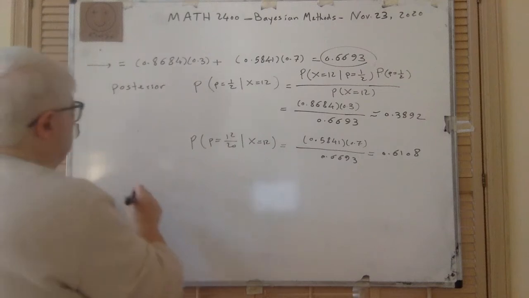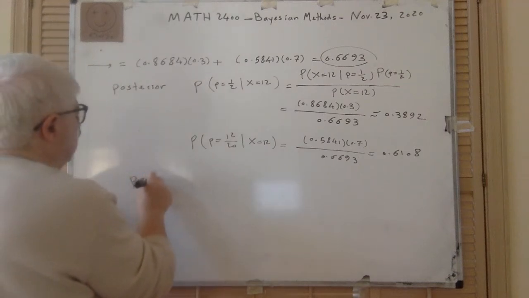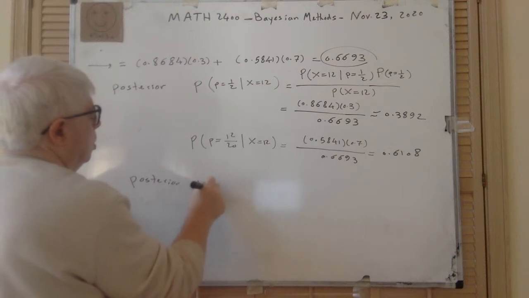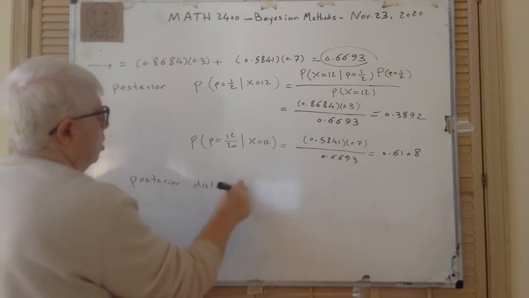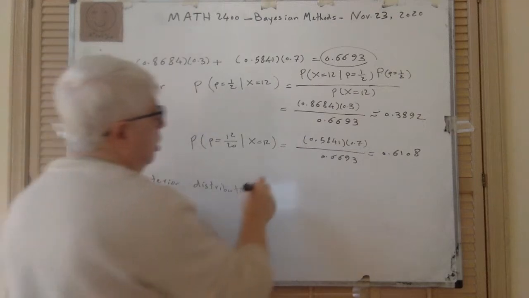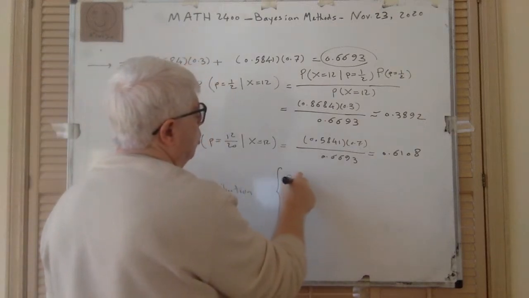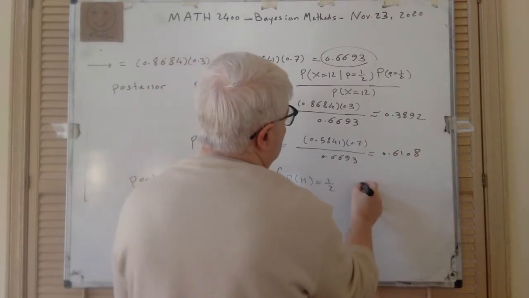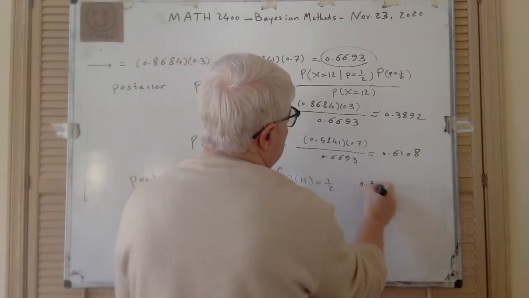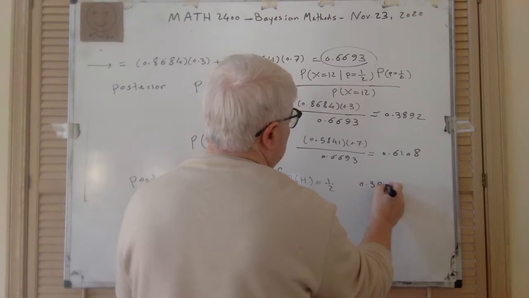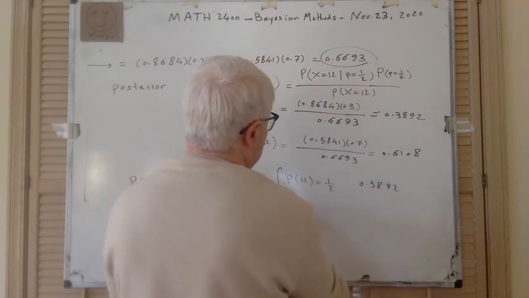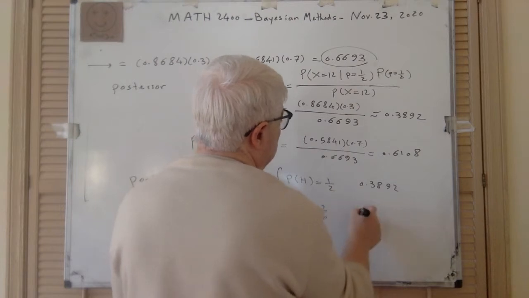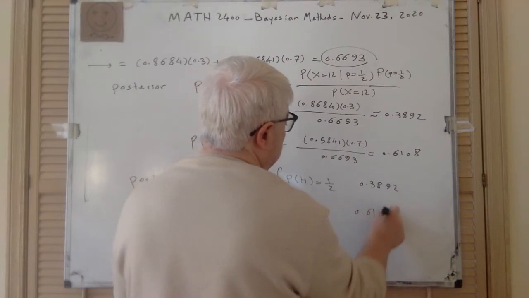Okay, so the posterior distribution with that prior gives me this: the probability of p being 1/2 is now 0.3892. Probability that p is 12/20 is 0.6108.